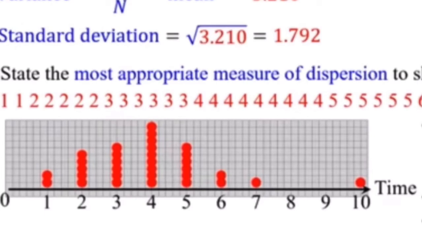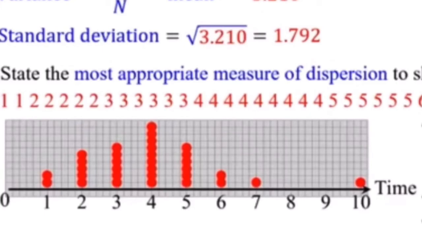So in general, the interquartile range is more meaningful. We will choose the interquartile range, because the range will provide a wrong picture of the data.